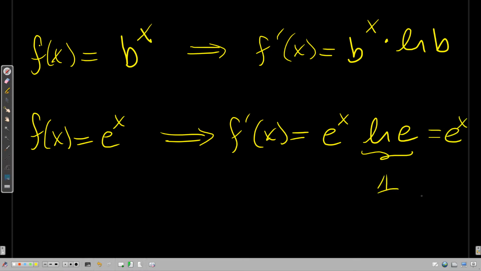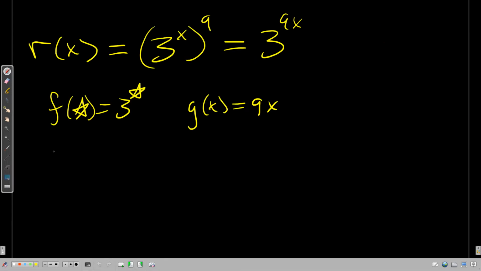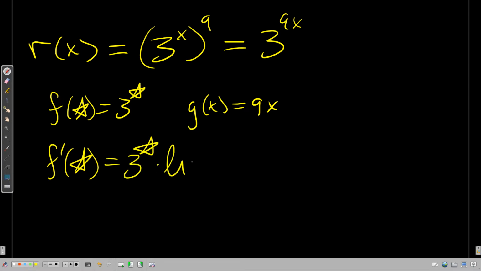So this just equals e to the x, because natural log of e is 1. Okay, then back over here on our problem, f prime of this star would have been that same stuff times the natural log of 3. And g prime of x is just 9.